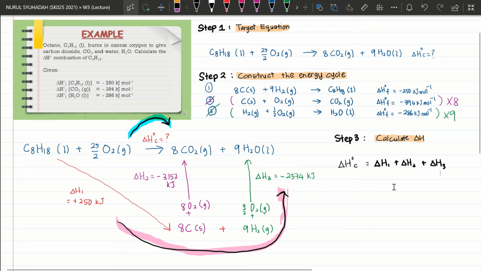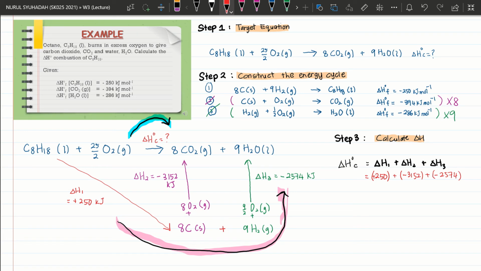What you need to do right now is just substitute all the values that you have. Delta H1, I have positive 250. Delta H2, negative 3152. Plus delta H3 is negative 2574.